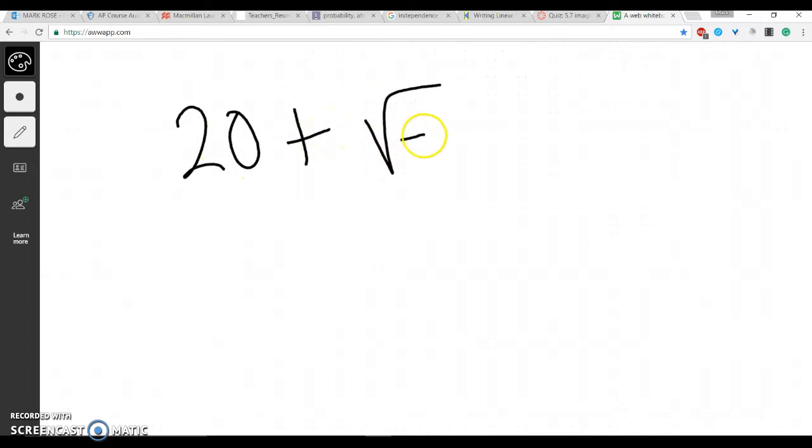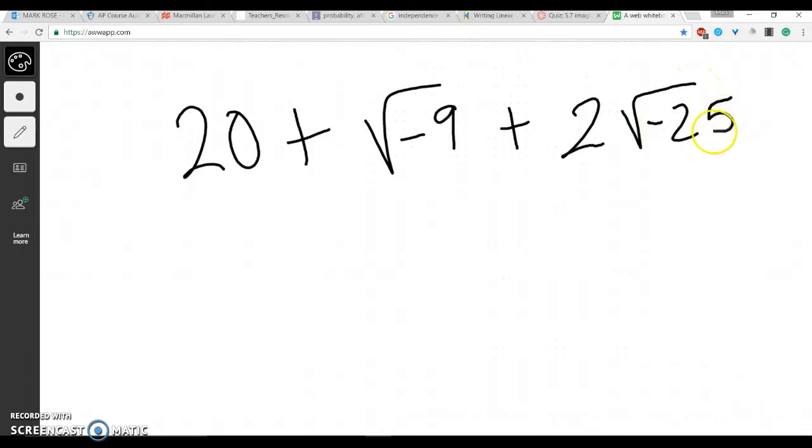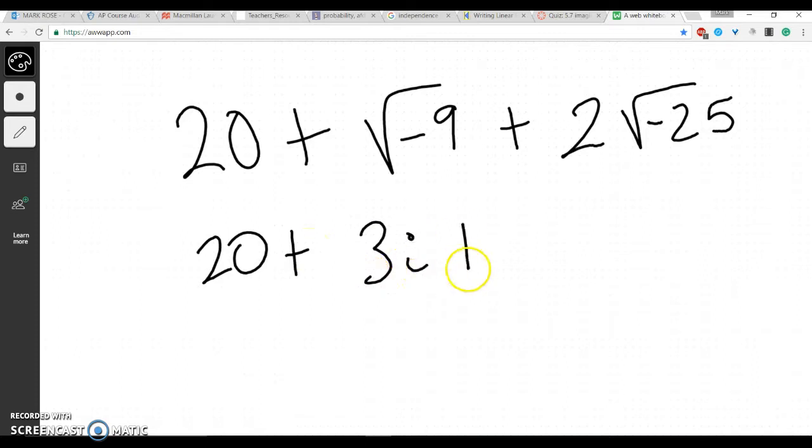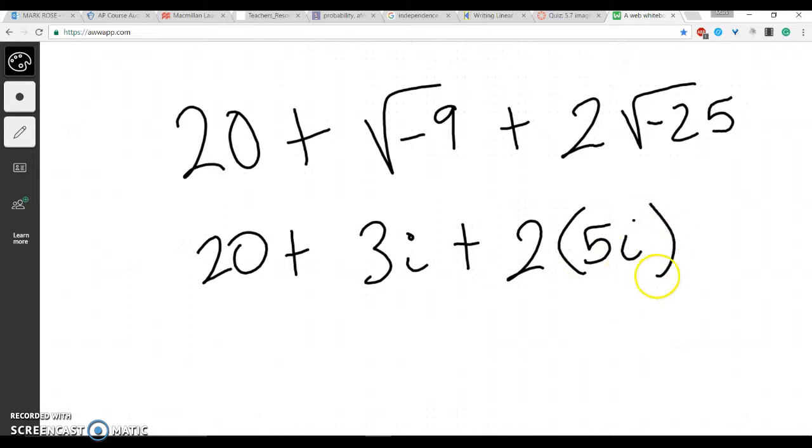So let's say we were given 20 plus radical negative 9 plus 2 radical negative 25. Well, first thing I'm going to do, again, is simplify these things. So square root of negative 9 is 3i. And then I have 2 times 5i.